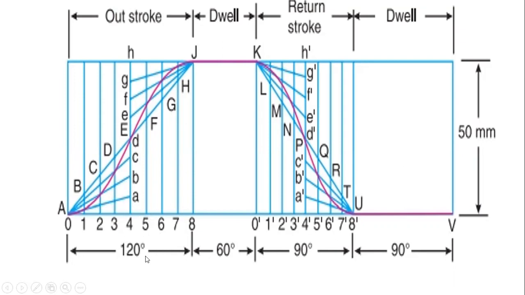Taking the scale as 1 centimeter equal to 10 degrees, 120 degrees is converted to 12 centimeters, the dwell period of 60 degrees to 6 centimeters, the return stroke of 90 degrees to 9 centimeters, and the last dwell period is 9 centimeters.